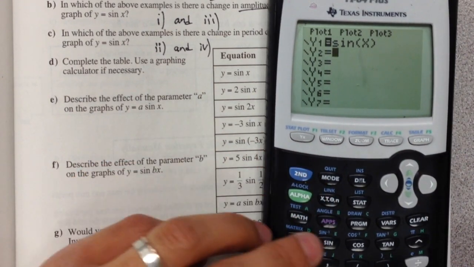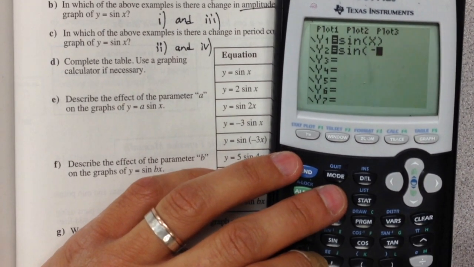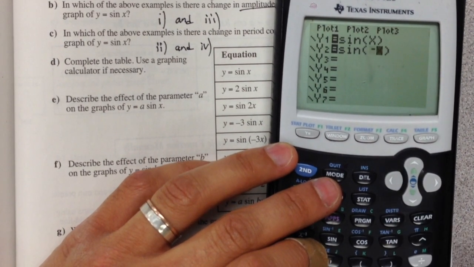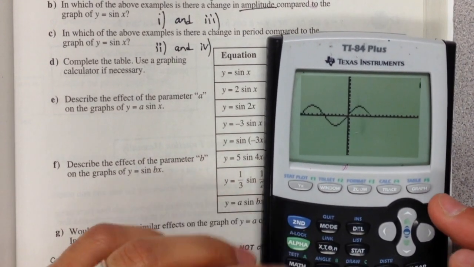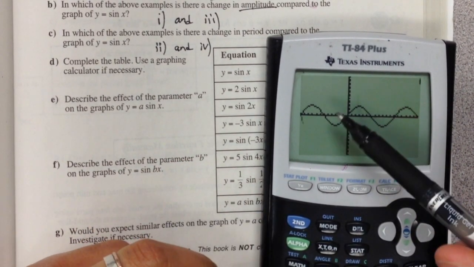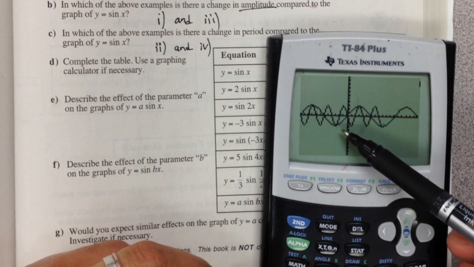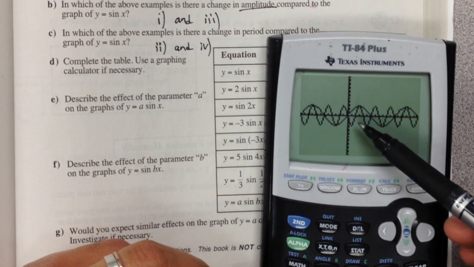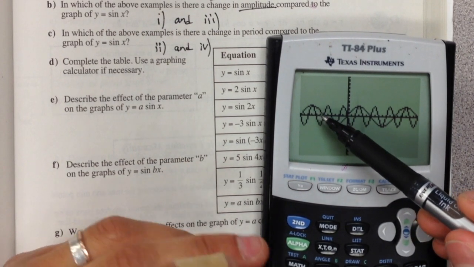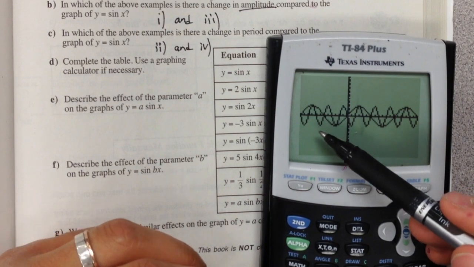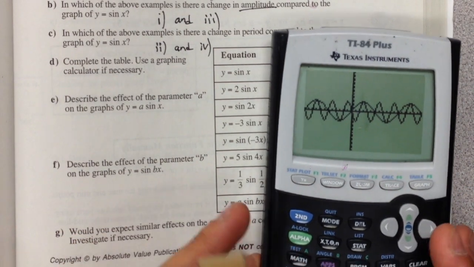Sine negative 3 of x. So here's my original function, and my next function is going to follow soon. My amplitude is the same as my original function, sine of x. But if I look, the period has changed.